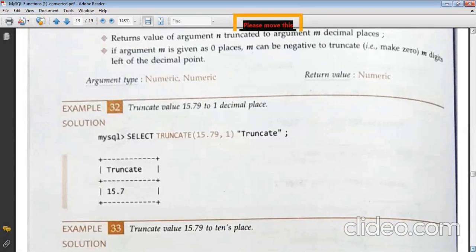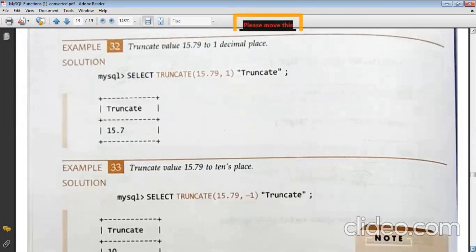Next question we have is truncate value 15.79 to 10th place. What will be the query written for this? Select truncate of 15.79 comma -1. And the output to this will be 20. The output will be 10, not 20. Why are you rounding it off?